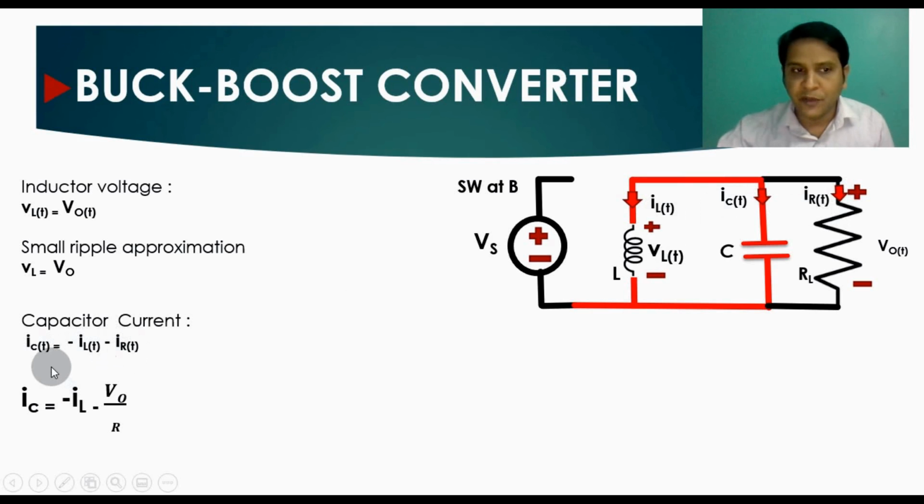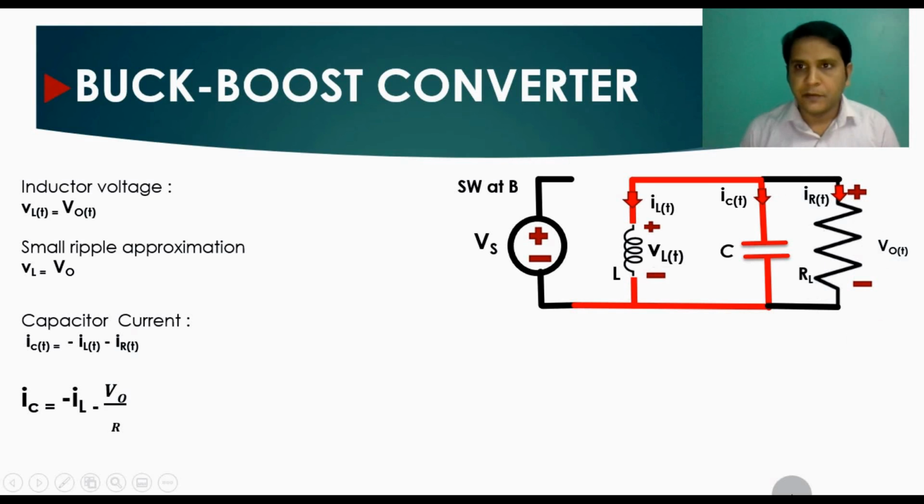If you apply the small ripple approximation here, IC equals minus IL minus Vo divided by R, since iR equals Vo divided by R, the load resistance.